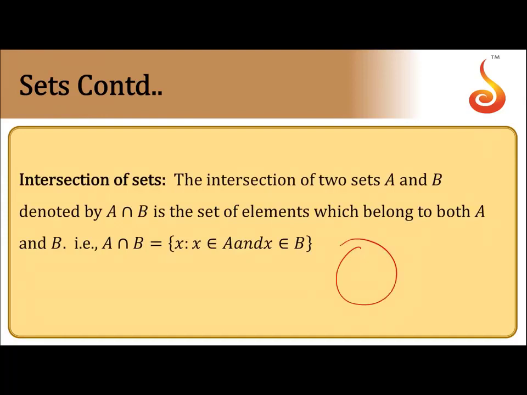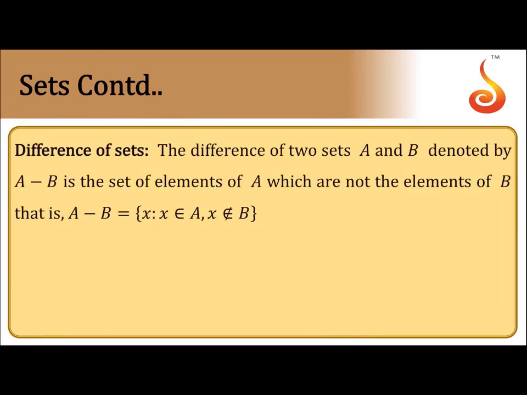Coming to intersection of the sets: if I take A and B, the elements which are common to set A and set B are called A intersection B. Right? Coming to the next, difference of the sets.